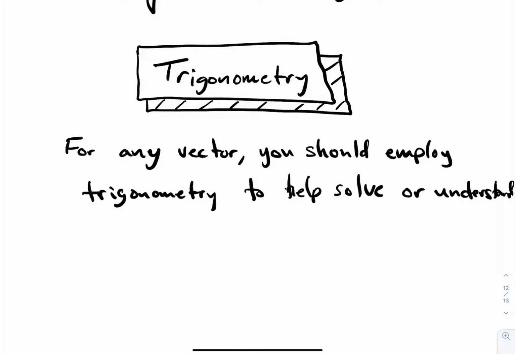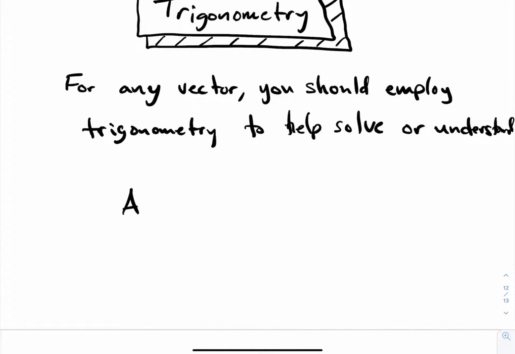And so let's look back at vector A. There it is. Vector A, we said, was at some angle theta.